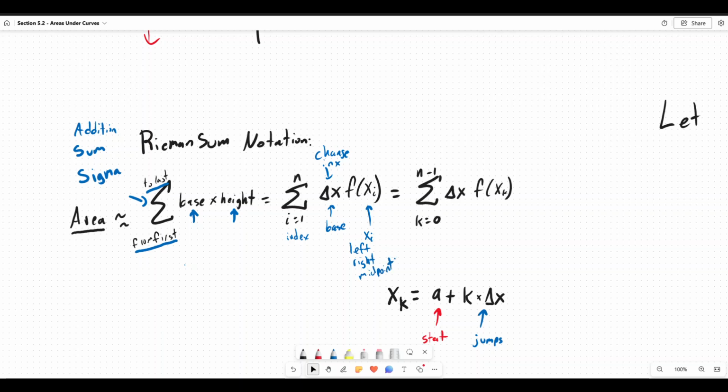Okay? So specifically, I want to jump to this new notation that uses k notation, and this is specifically a left-hand Riemann sum.